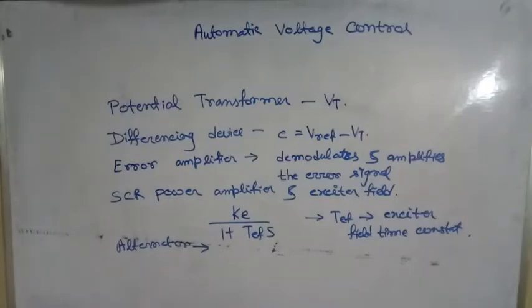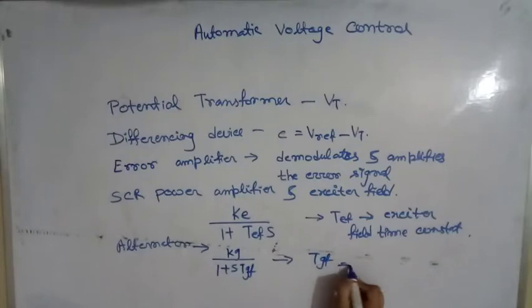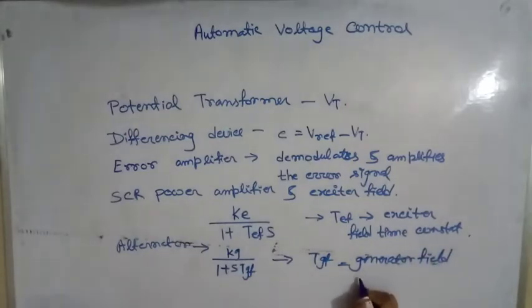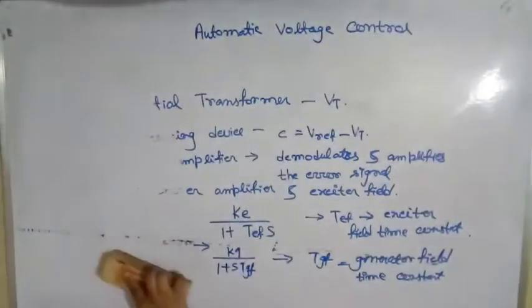The no load transfer function is given by KG by 1 plus S into TGF, where TGF is the generator field time constant. The load causes a voltage drop, which is a complex function of direct and quadrature axis current. The effect is only schematically represented by the block GL.